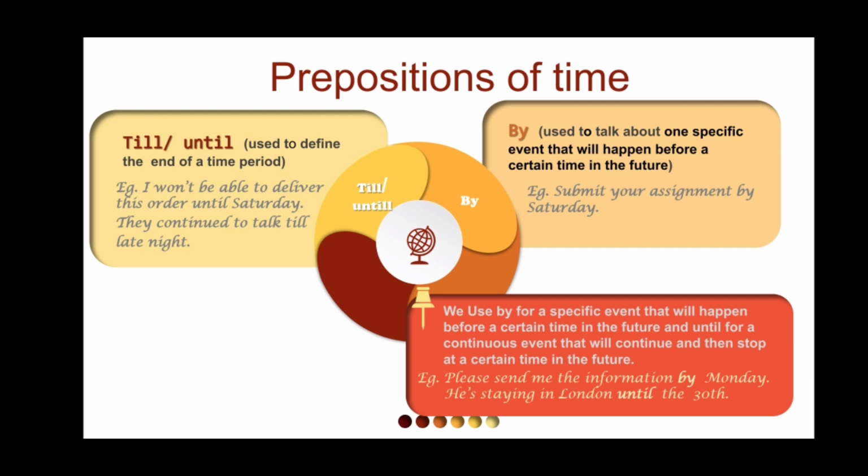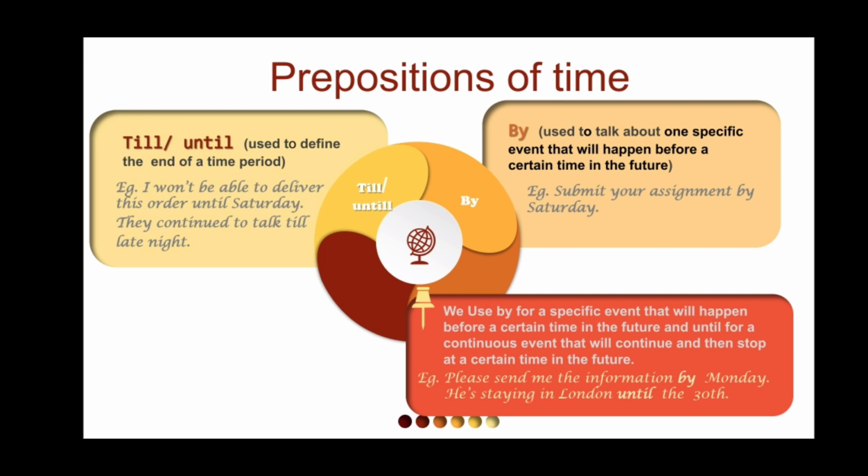We use by for a specific event that will happen before a certain time in the future. And we use until for a continuous event that will continue and then stop at a certain time in the future. For example, when we say please send me the information by Monday, that means this particular event of sending the information that is going to happen one time will be done before Monday.